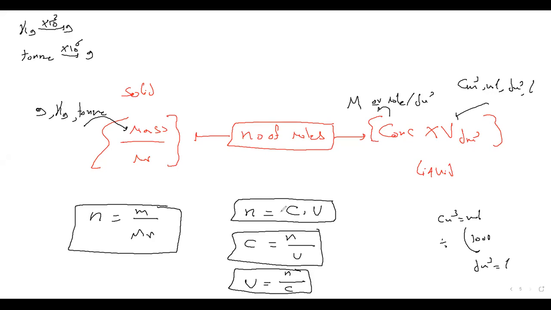If we need concentration, number of moles over volume. If we need volume, number of moles over concentration. If we need to calculate the mass, it is equal to number of moles multiplied by molar mass.